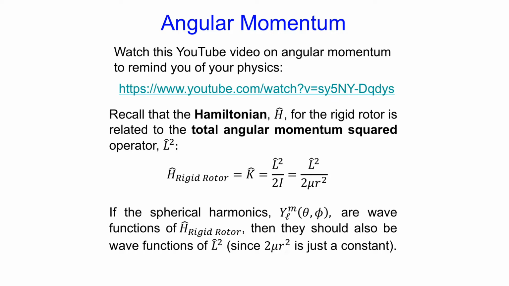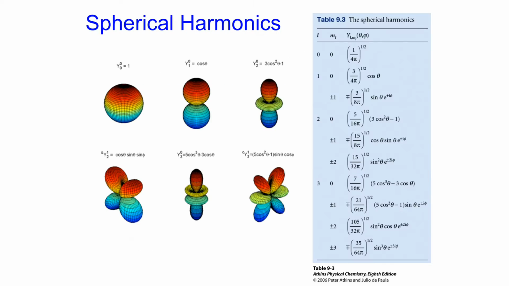Here is a reminder of what our spherical harmonics look like. We've seen this table of our spherical harmonics before. Remember you have to be careful what your different L and M sub L values are, so you get the right function to work with. And then these are the various 3D polar plots of those spherical harmonic functions.